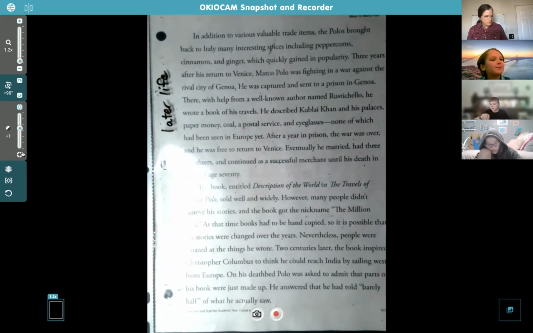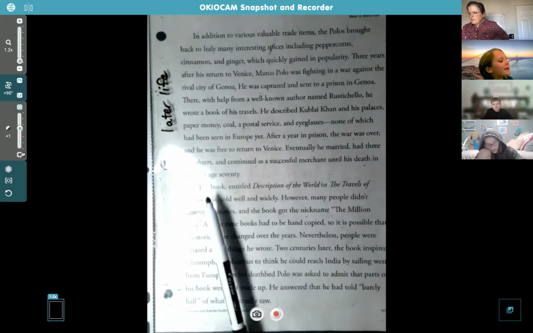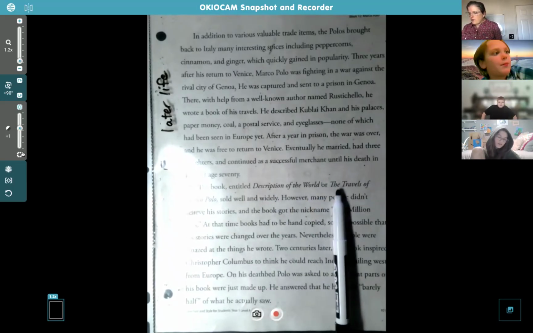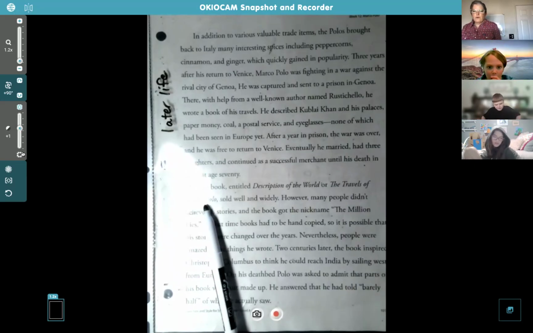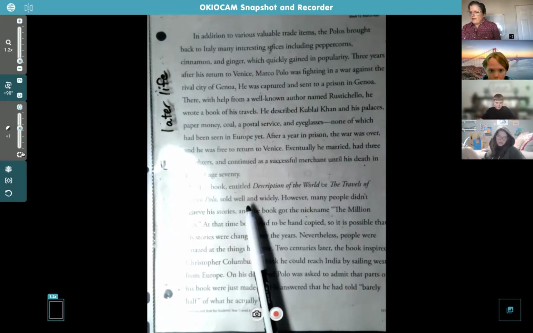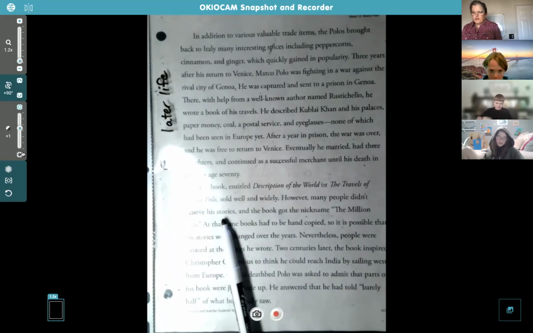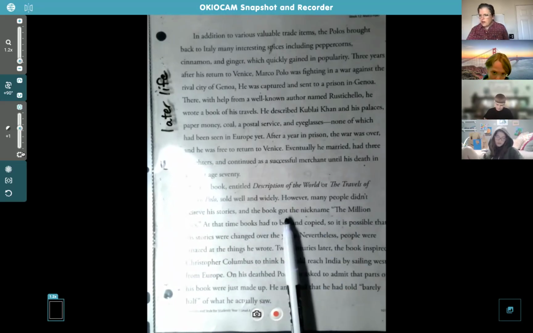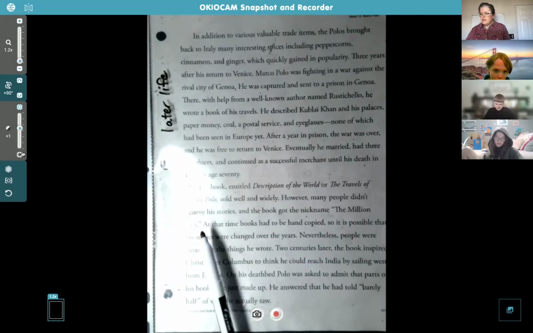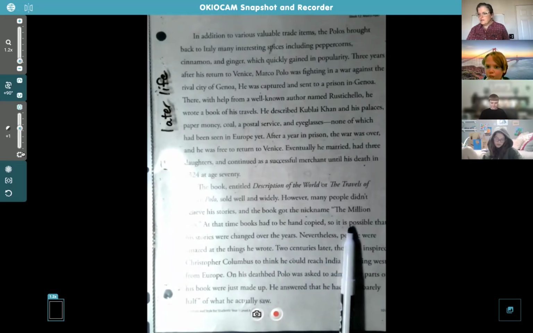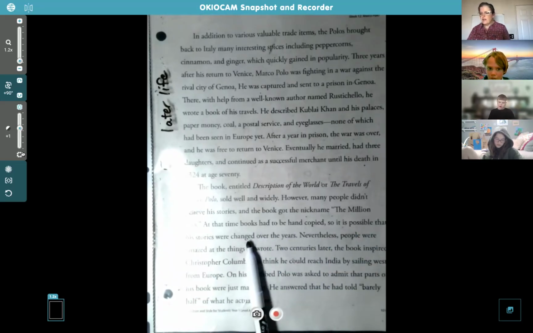And then the last one: the book entitled Description of the World, or The Travels of Marco Polo, sold well and widely. However, many people didn't believe his stories, and the book got the nickname The Million Lies. At that time, books had to be hand copied, so it is possible that his stories were changed over the years.